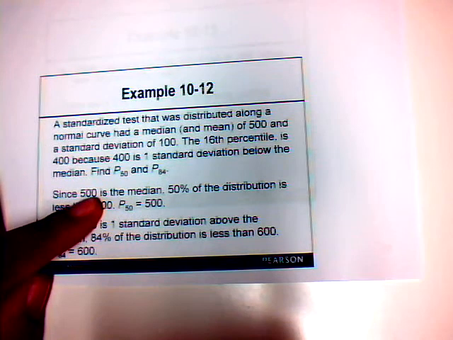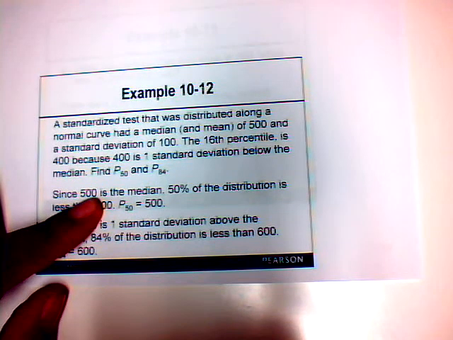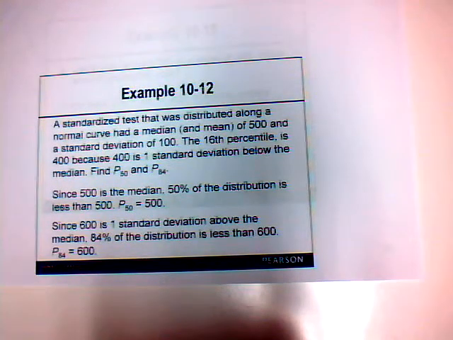Now here 500 is the median, and 50% of the distribution is less than 500, so P sub 50 would be 500. Since 400 is one standard deviation below the mean, 600 must be one standard deviation above the mean. And 84% of the distribution is less than 600, so P sub 84 will have to be 600.